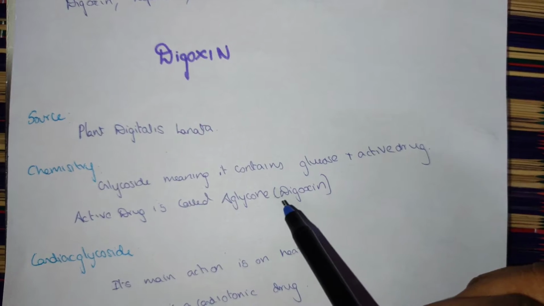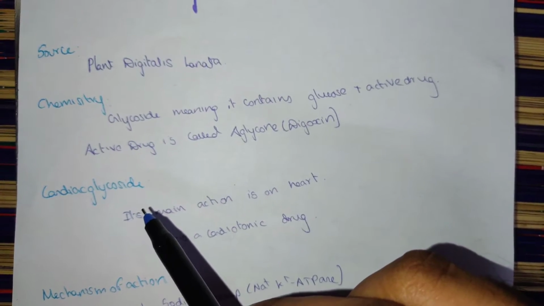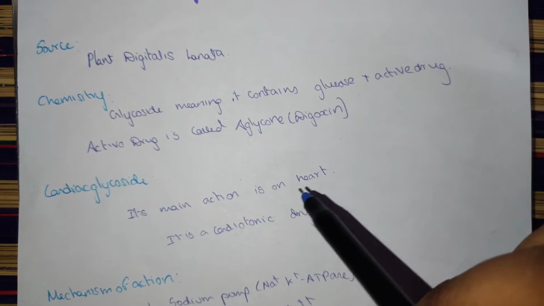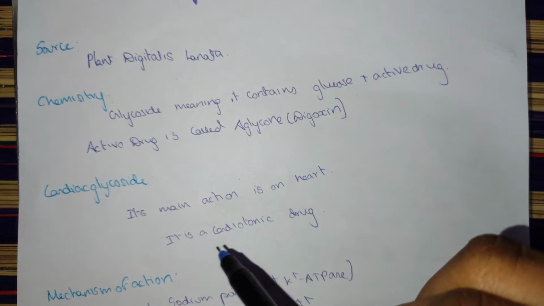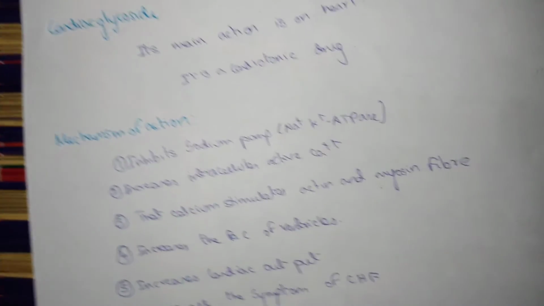The active drug is aglycone, which is digoxin. It is a cardiac glycoside, a cardiotonic drug, and its main action is always on the heart.